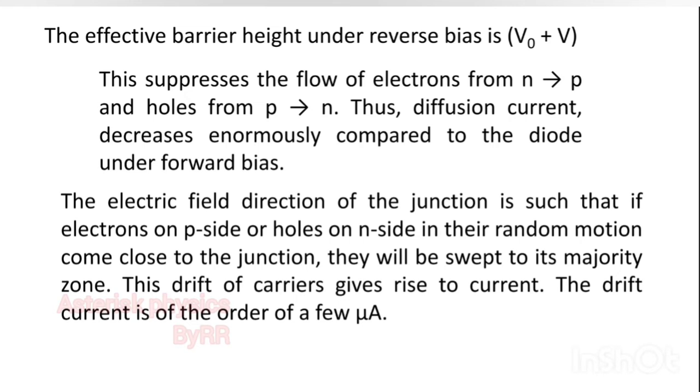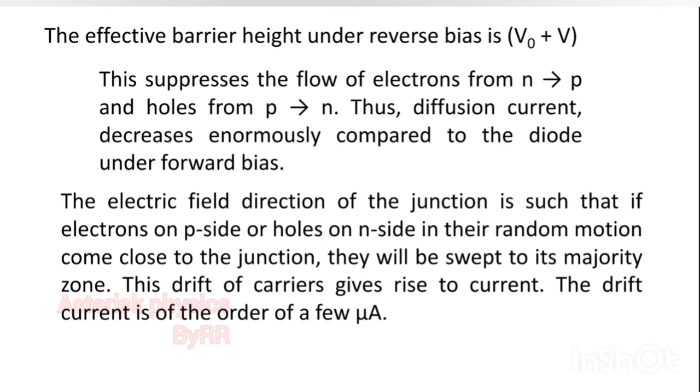And now the direction of the electric field is such that if electrons on the P side or holes on the N side, that is, the minority charge carriers, in their random motion come close to the junction, the presence of this electric field will sweep these minority charge carriers into their majority zones.